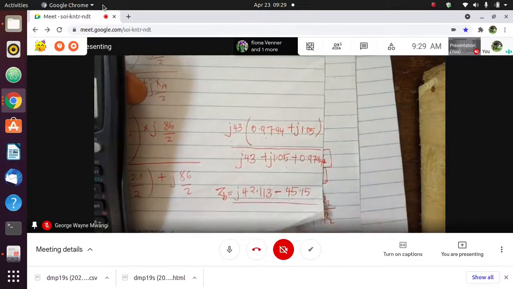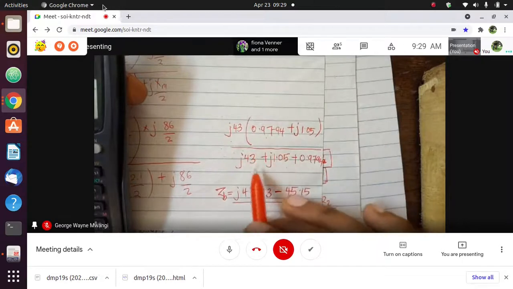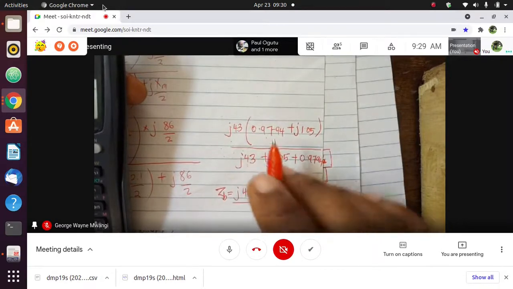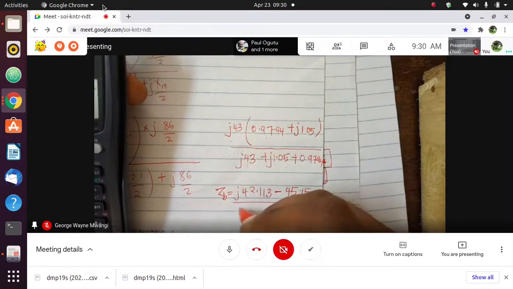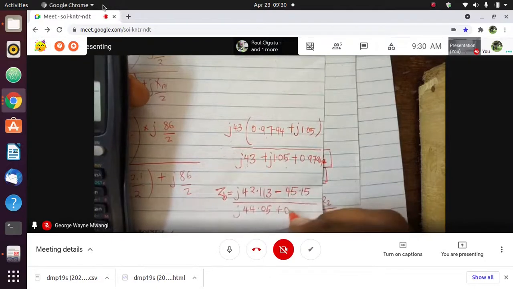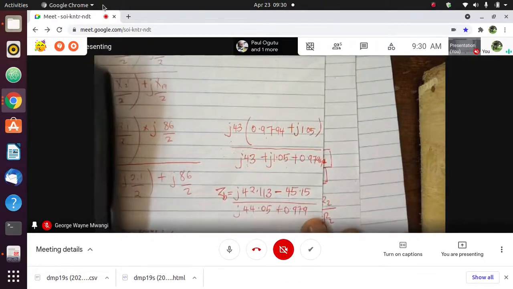The J and the J, when you multiply them, become negative. So 43J plus 1.05J is 44.05J plus 0.979.